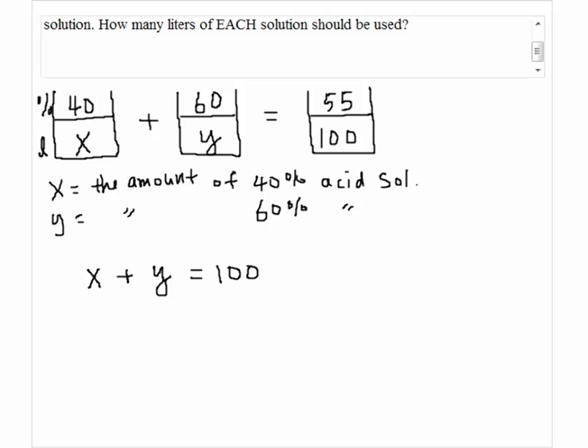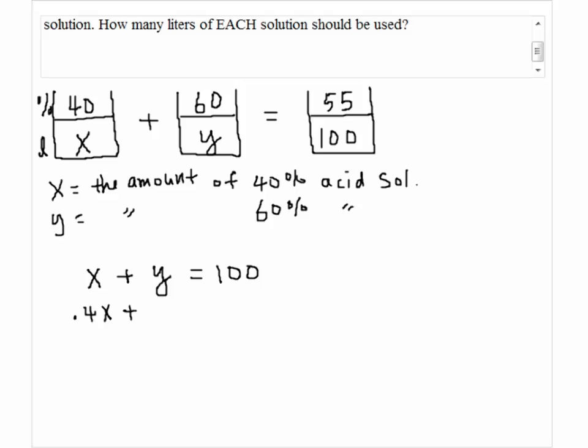Next, we're going to calculate the amount of pure acid. The pure acid is given by multiplying the percentage in decimals by the amount of acid solution. So the pure acid amount for the first solution will be 0.4 times x.